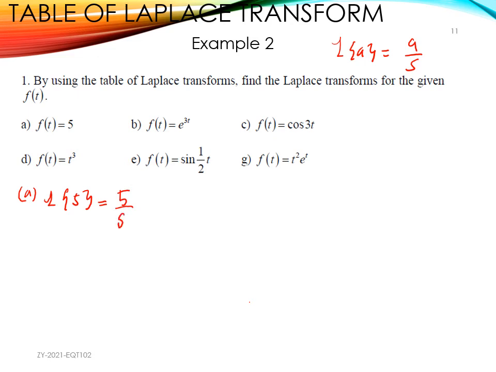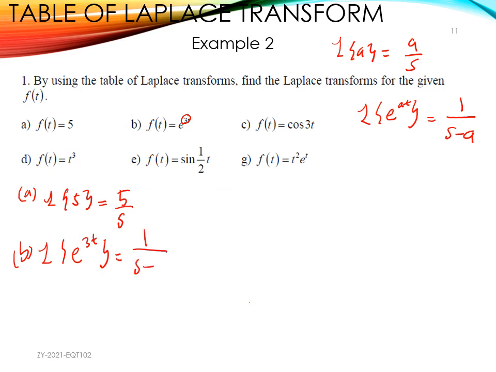That's it. For b, f(t) is exponent negative 3t. Laplace of exponent at, just now we have 1 over s minus a. So what is a here? a equals 3, so it will be 1 over s minus 3. Wow, as simple as that.